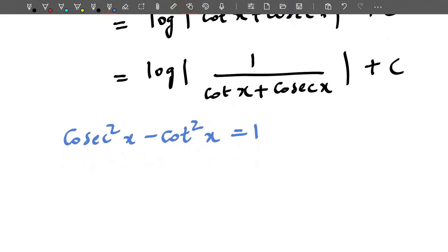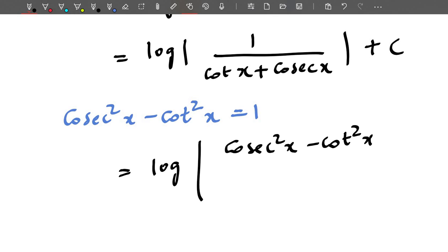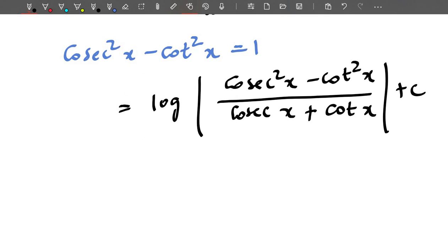So in the numerator part we'll substitute this, which will give us log of cosecant square x minus cot square x divided by cosecant x plus cot x. So now it is of the form a square minus b square, so we can write it as a plus b into a minus b.